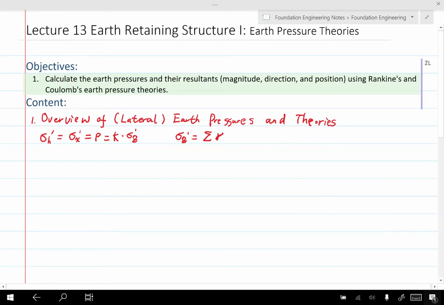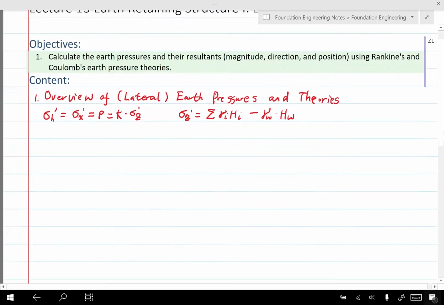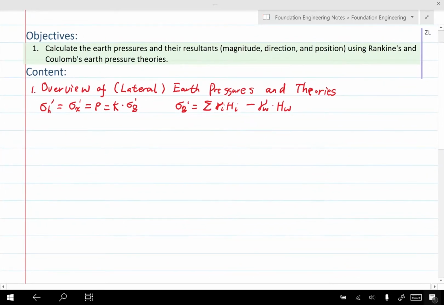Gamma I H I means the unit weight and the thickness of the ith layer. It's the effective stress, so we need to subtract the pressure caused by water, so it's gamma W times H W. So that's how we get the lateral earth pressures.